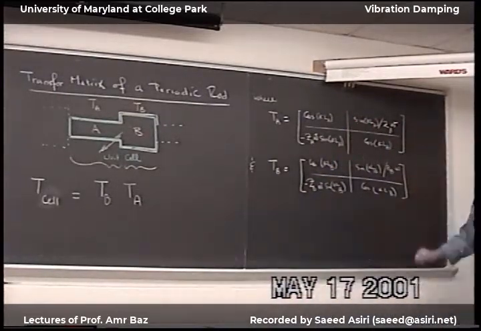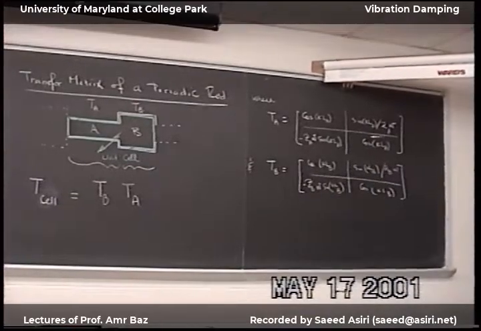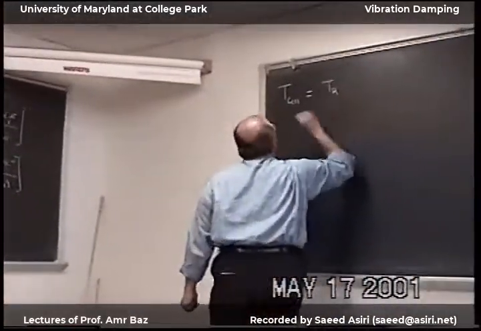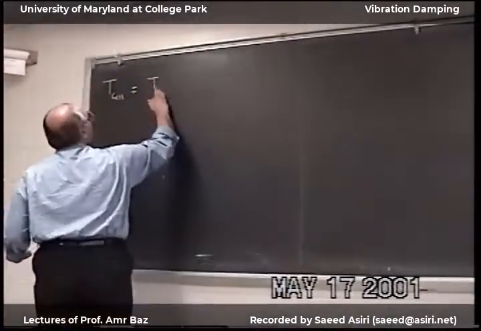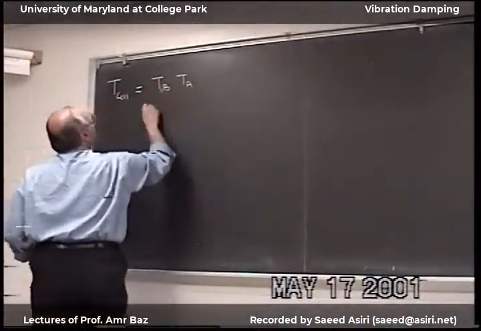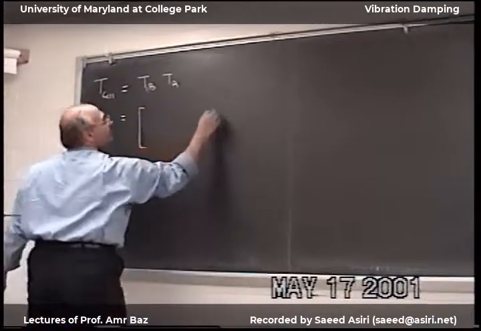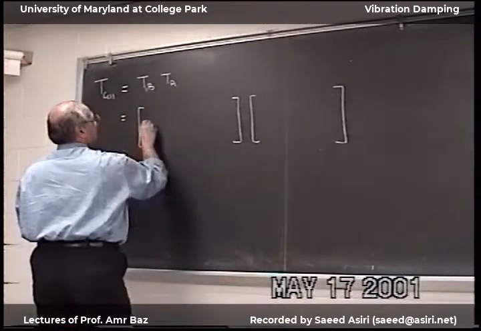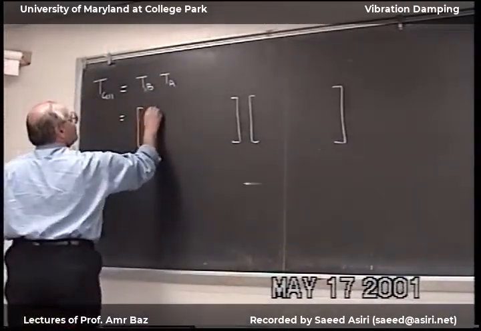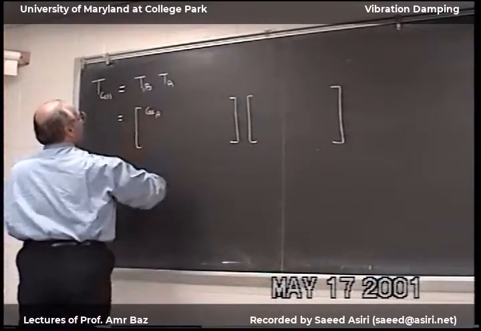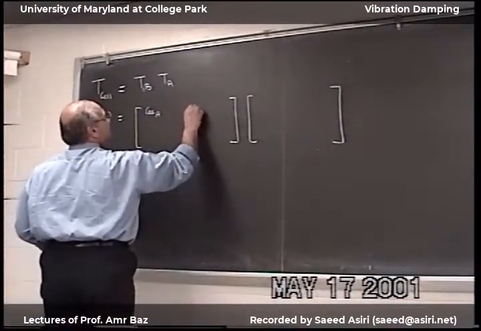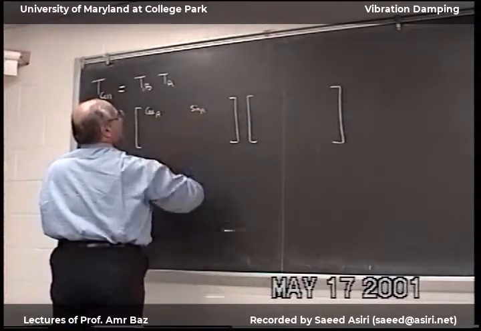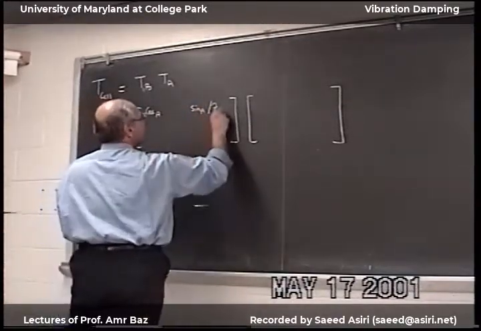Now I'm going to multiply these two, and you will see a very beautiful result will come from this. So now the total cell, which is TB times TA, so I have cosine, and I'm going to say cosine A. And then here, sine A divided by ZA and omega.